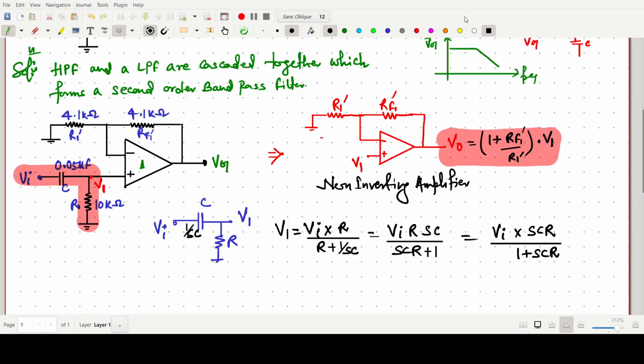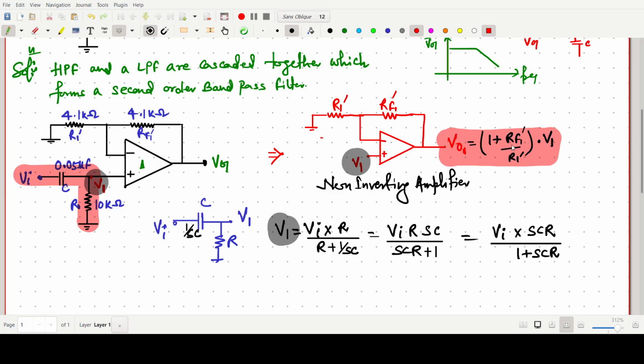The value of V1 is now known to us. Yes or no? Clear? So now the value of V naught is nothing but simply this one. Better to write V naught 1.